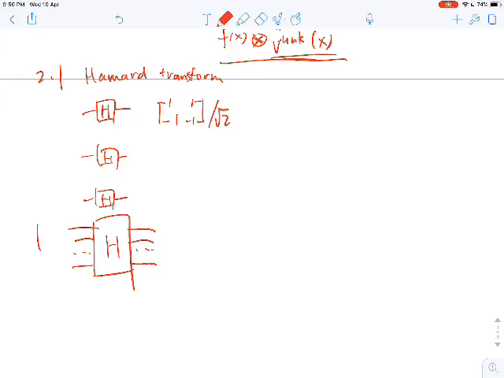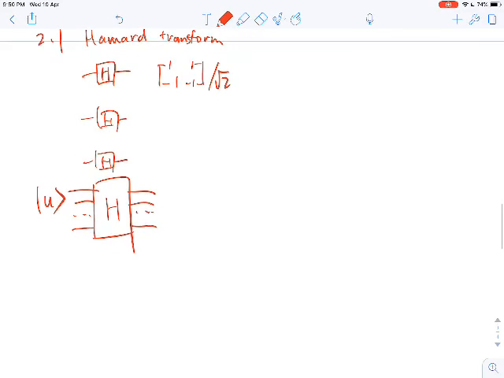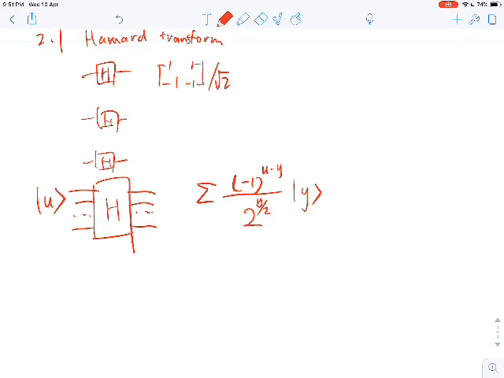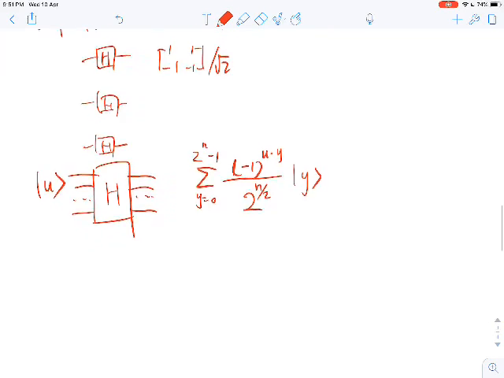If we have some input u, then the final state is just the sum of minus 1 to the u times y over 2 to the n over 2, y. Y is from 0 to 2 to the n minus 1. Sorry, here is n. N is the number of qubits.